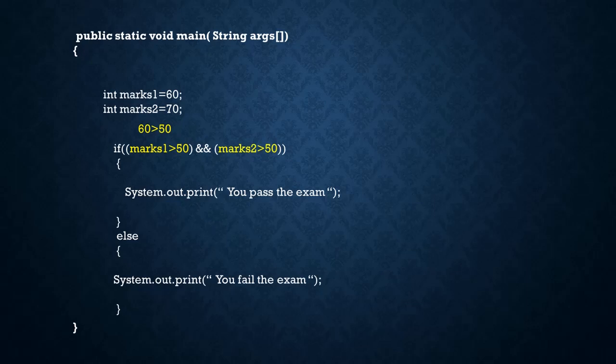Marks 2 should be greater than 50. Yes, 70 is greater than 50 and the condition is true. And yes, it comes to the true part and prints System.out.println you pass exam. And then after that, it comes out of the condition.